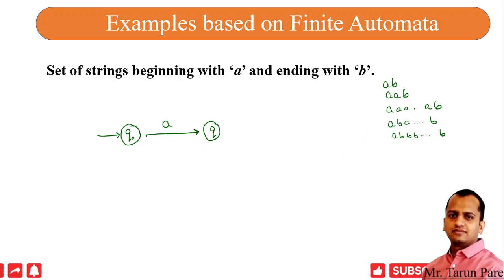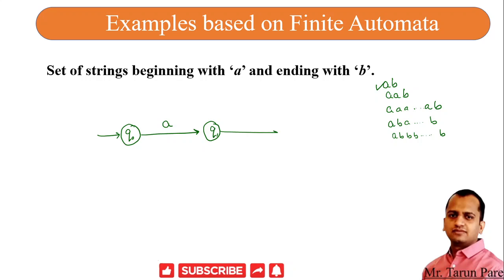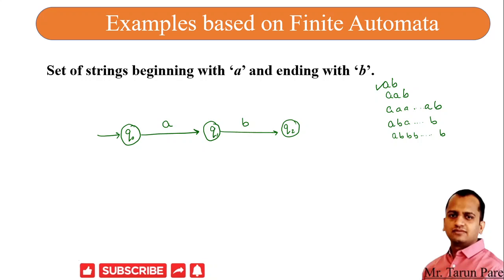So we have made the transition from q0 to q1 by giving the input symbol a. Now from q1 we pass b to q2. So this automata accepts this string. Now what about aab?